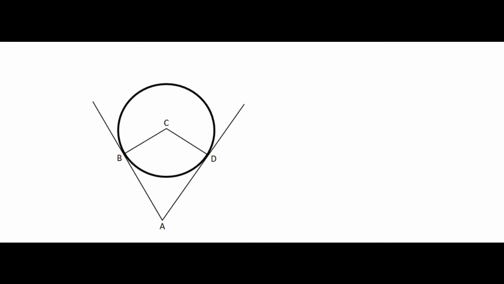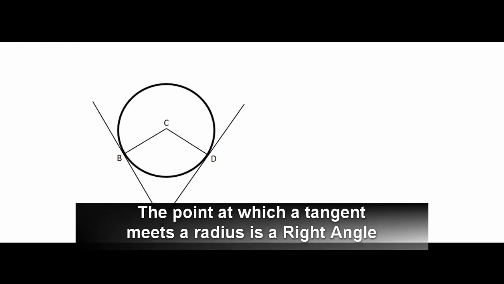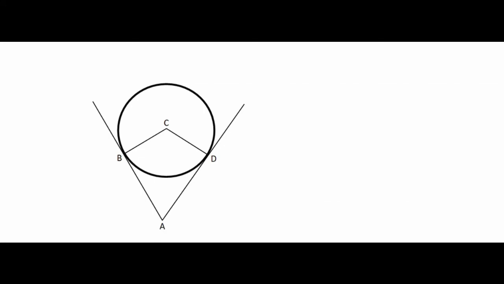So the next circle theorem is that the point at which a tangent to a circle meets a radius of the circle is a right angle. So as you can see, we have a circle C and two tangents to it, which are the lines AD and AB. And I have also drawn two radii of the circle, which are the lines CD and CB.